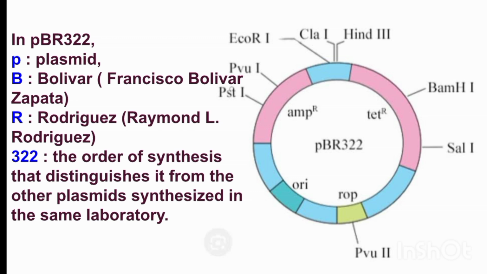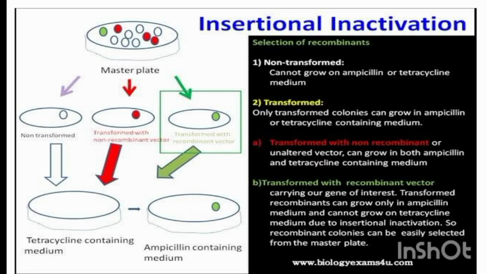I have ampicillin as well as tetracycline resistance, which have restriction sites of PvuI, PstI and BamHI, SalI respectively. And I have a ROP area. ROP is regulator, operator and promoter, which has got the restriction site of PvuII.